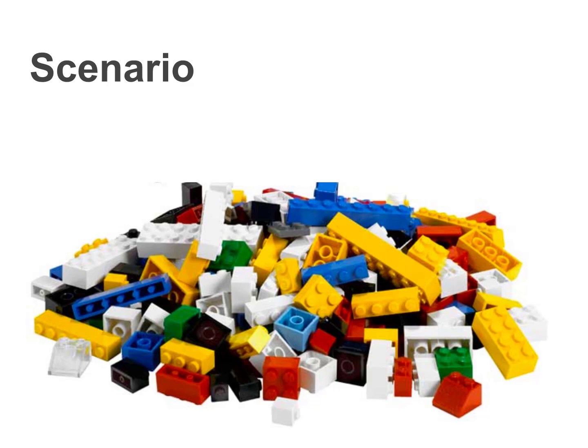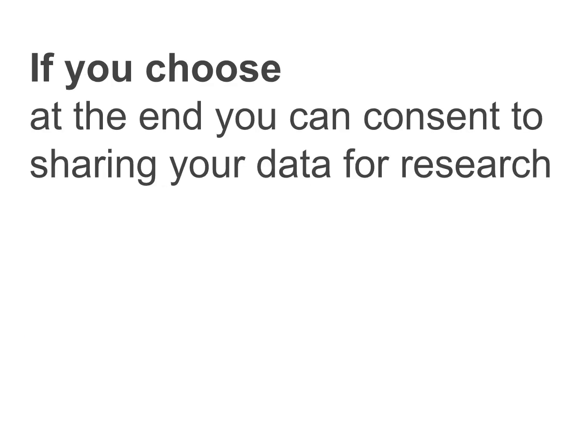You're going to come into the classroom as a substitute teacher for the day and start the kids off and lead them through this activity and walk around and supervise what's going on in the pairs as they build and write down information about their Lego structures. If you choose, at the end, you can consent to sharing your data for research, which will help the MIT Teaching Systems Lab to improve their information.